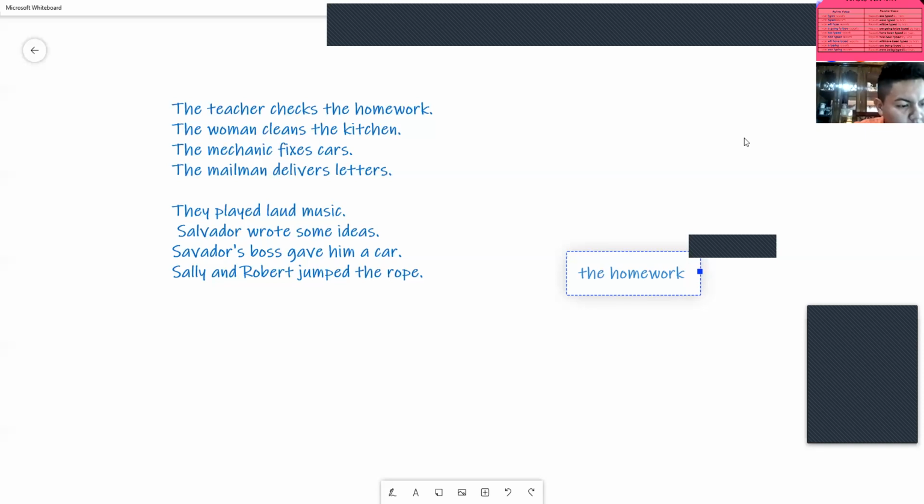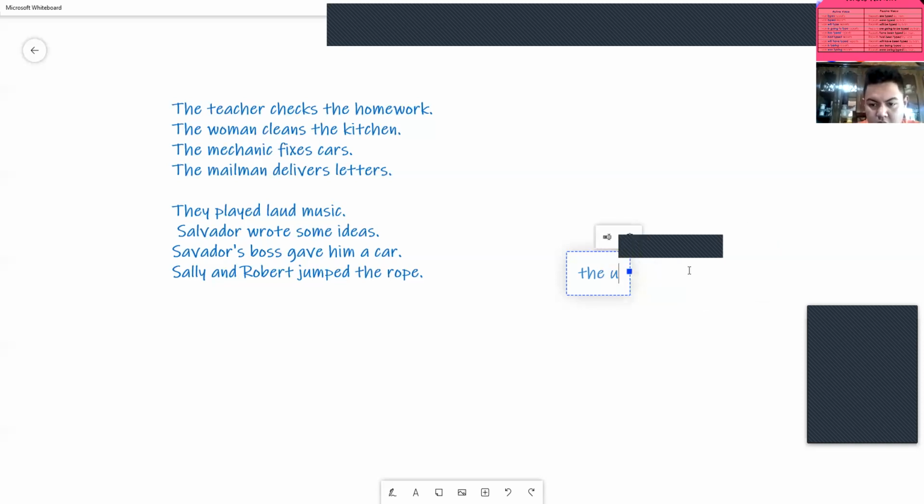El verbo. Ujú. Sí. Ah, no es cierto. De be, ¿no? Is, okay. The homework. Ujú.